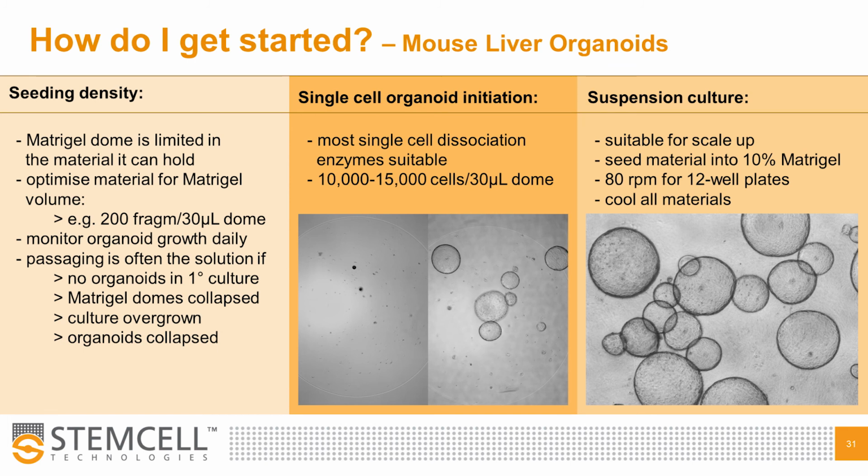It forms a thick extracellular web throughout the culture that catches the suspended organoid fragments or single cells, and organoids emerge within a week or oftentimes earlier. The speed of rotation needs to be adjusted to the size of the vessel, but we recommend 80 RPM for organoids cultured in 12-well plates.